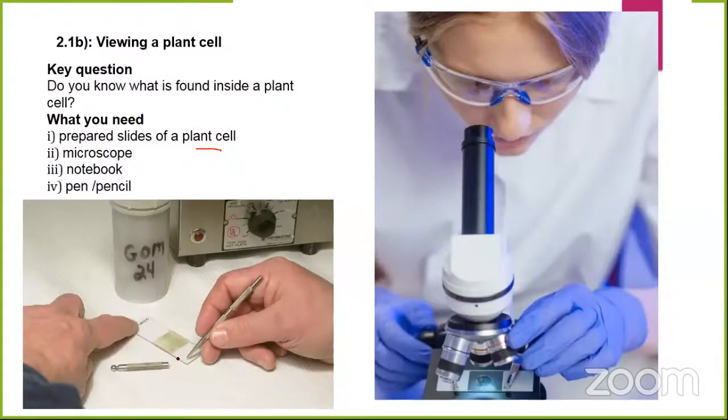After you prepare this slide, you place it on a microscope here, then you look through the eyepiece of the microscope to be able to see the cells inside it. That's what we normally do. You prepare a slide, place the cells here, then place it on a microscope, and you begin seeing. What are you going to see inside?